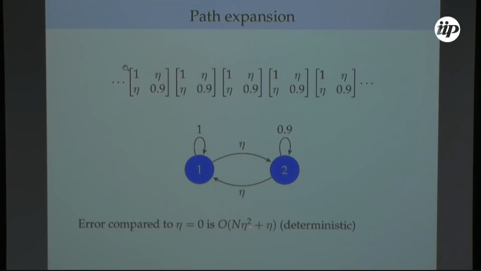So there's n choices of when you can go over, and then you have to go back immediately, and you end up with some kind of error which is like n times eta squared. Which is a lot better than what you would do if you tried to just use, say, a norm argument. Then you would lose an eta for each term, and you'd have n of them. So it'd be n times eta. So it's a factor of eta better than that.